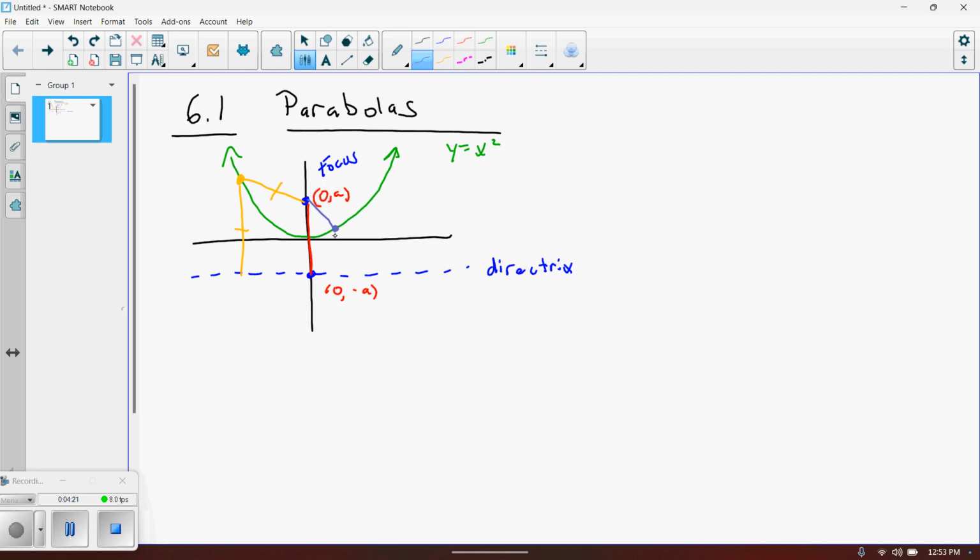That's a little better. And again, those are supposed to be congruent lines. So that is the definition of how a parabola is formed. It is every possible point that has an equal distance from the focus to the directrix. So that is literally the definition of a parabola.